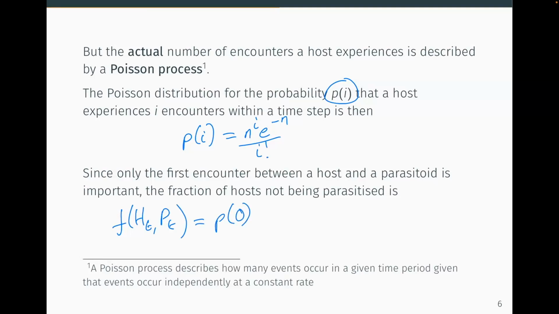So we're saying the probability of there being no encounters is going to be the same as our fraction that are not parasitized. So we just need to substitute 0 in for I above. So we're going to have n to the 0, times e to the minus n, divided by 0 factorial, which simplifies down nicely to e to the minus n.